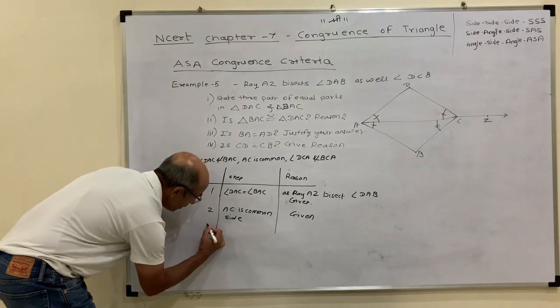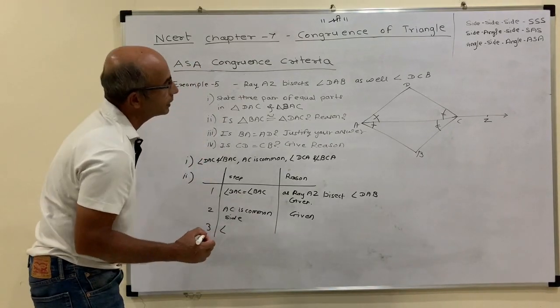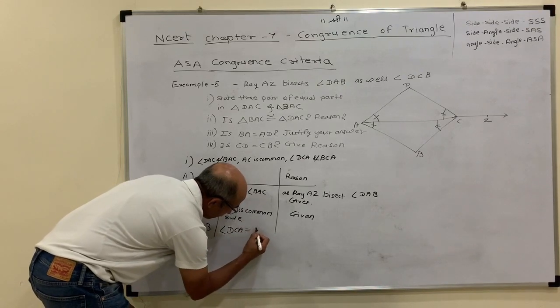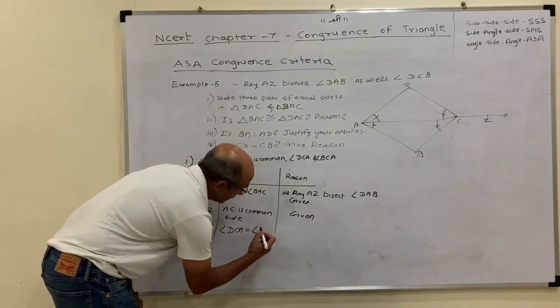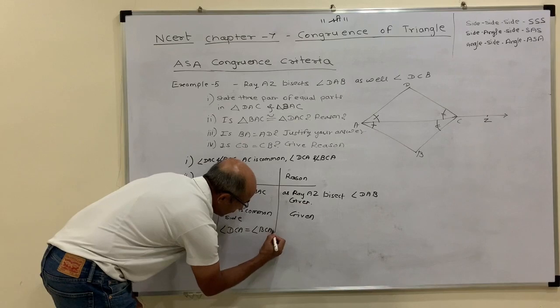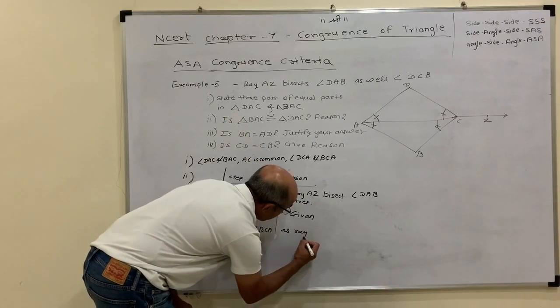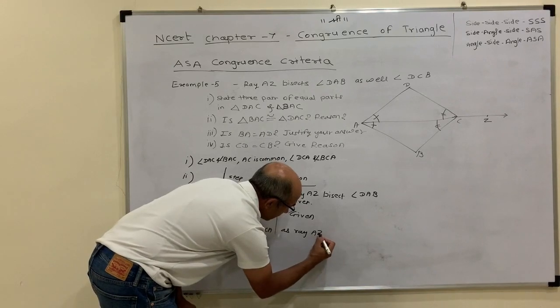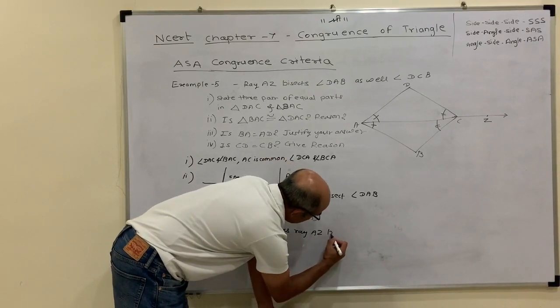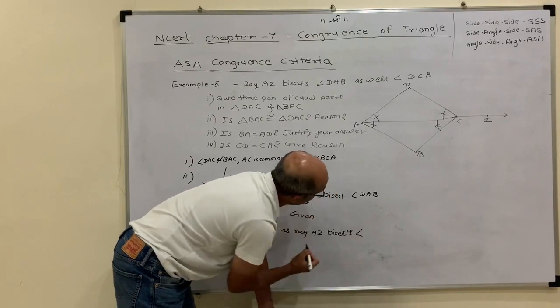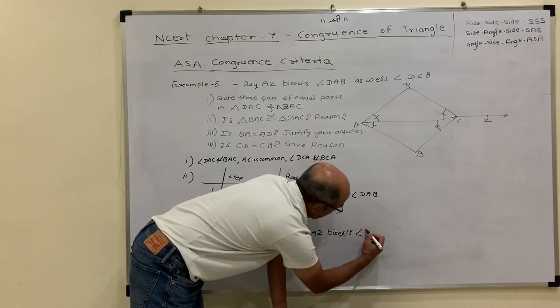Now again, third, angle DCA equals angle BCA. Again, as ray AZ bisects angle DCB.